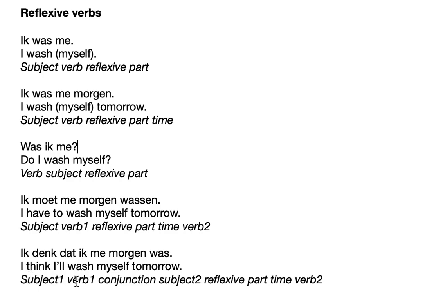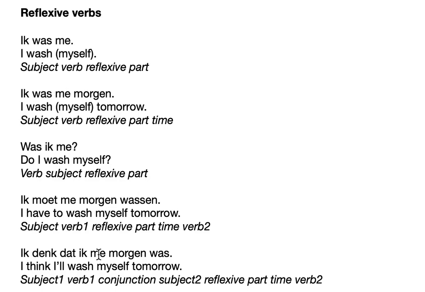So subject, verb, a conjunction, subject, reflexive part, time, verb 2. So it's more that second verb that's really annoying English learners. Good, fairly easy. Just put the me behind the verb, and in questions it just follows the was, and in subclauses it's behind the subject.